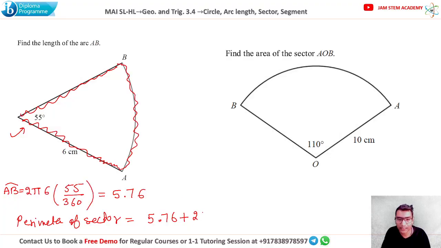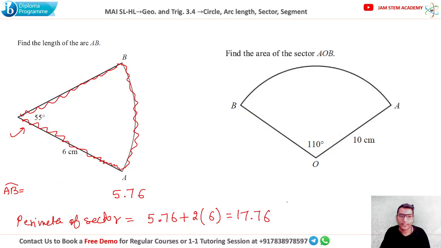So 2 times the radius, which is 6. If I add 2 times 6 to this value, I will get 17.76.